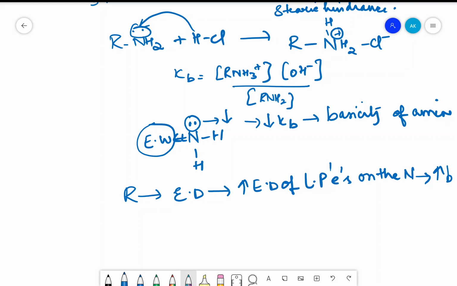If we have a group which is electron withdrawing in nature, this leads to decrease in the electron density of lone pairs of electrons on nitrogen, and this leads to decrease in the basicity of amine. This is what you need to generalize in your statement whenever you are writing.